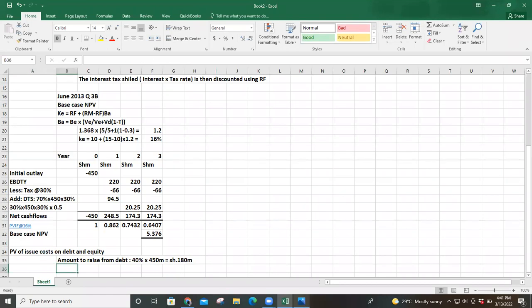And of course, the balance will be raised from equity. So the amount to raise from equity will be the remaining 60% of 450 million, which equals 270 shillings.